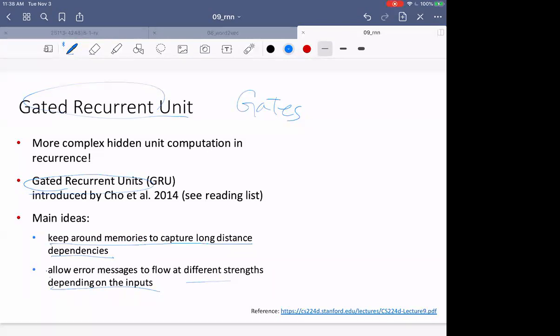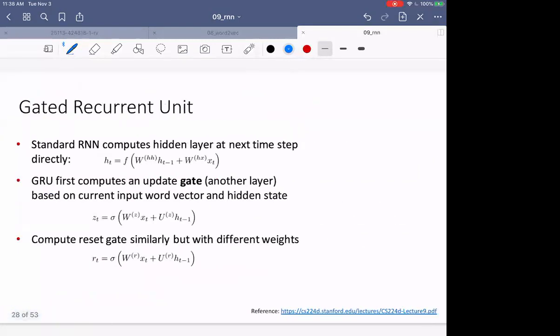But if the model decides x2 is useless, that information just dies down and won't be propagated to T equals 3. That's the basic idea. As I said, there are two gates basically: an update gate and a reset gate.